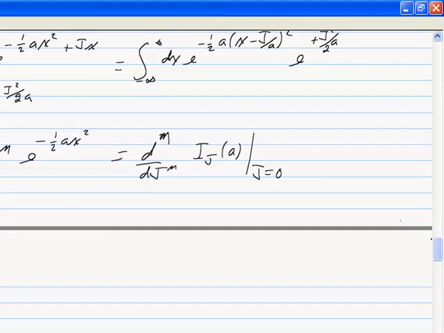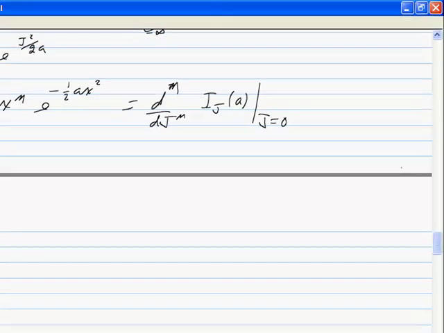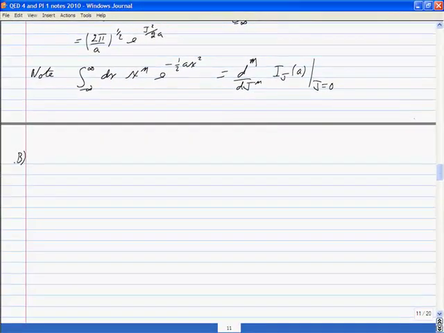Okay. So now, generalization B. Let j go to ij. Then we have the integral minus infinity to infinity dx e to the minus 1/2 ax squared plus ijx.